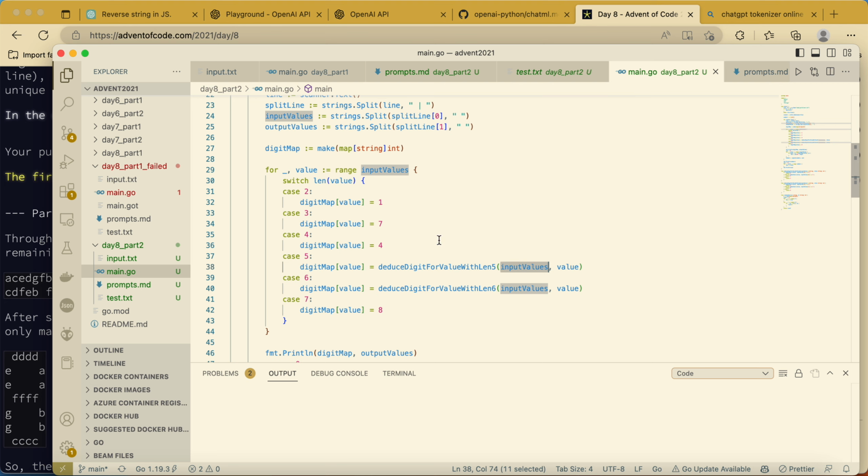I need to actually have the input values, the given value, but also the digit map, or at least the index of where a given string is, because at the moment I have a map that is saying okay, I know that that's 1, that's 7, that's 4, and that's 8, but where they are in my input value I don't have.